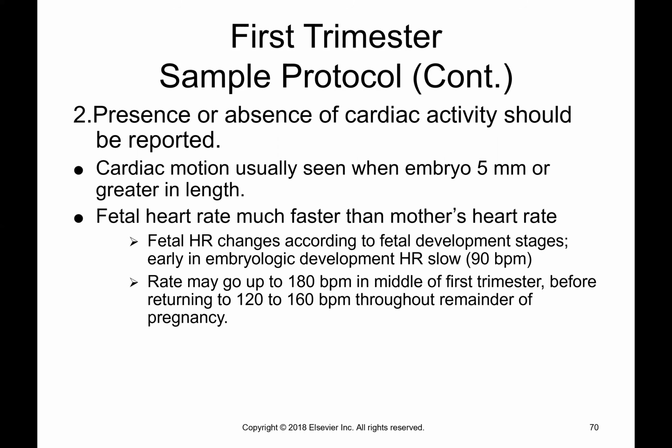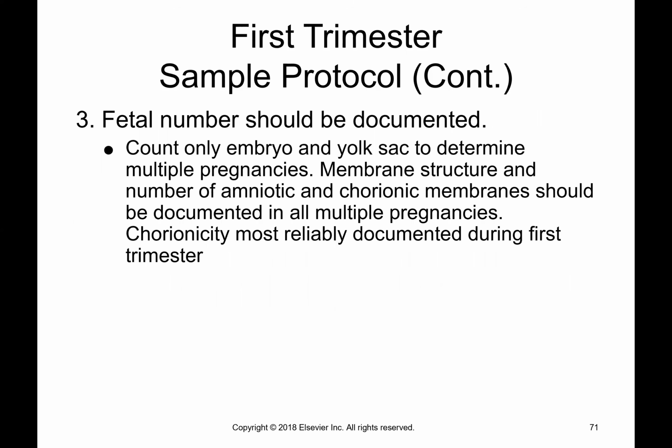It starts out slow, around 90 to 100, when it first starts beating around 5 weeks, 4 days. Then it zooms up to 180 beats per minute when the baby is around 9 to 10 weeks, and then returns back down to 120 to 160 throughout the rest of the pregnancy.